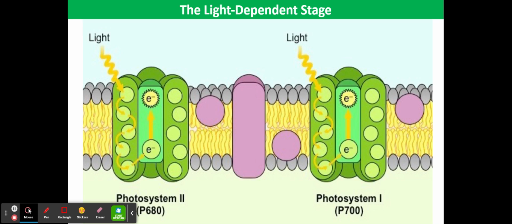In comparison, in photosystem 2, the pigment at the primary reaction center is also a type of chlorophyll A, but this has a peak absorbance of red light of wavelength 680.